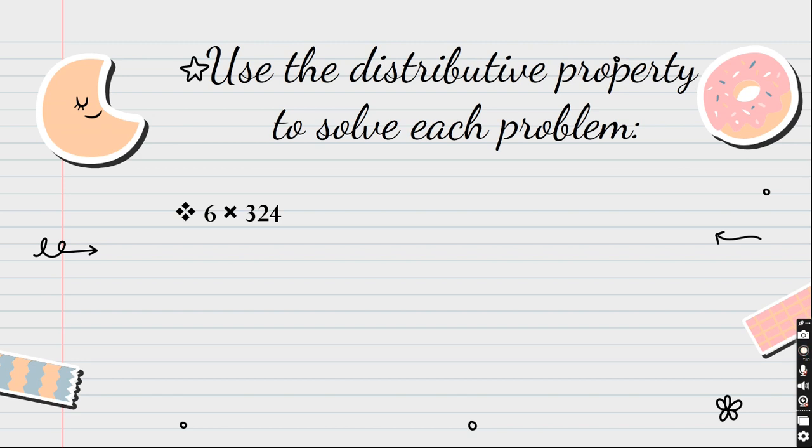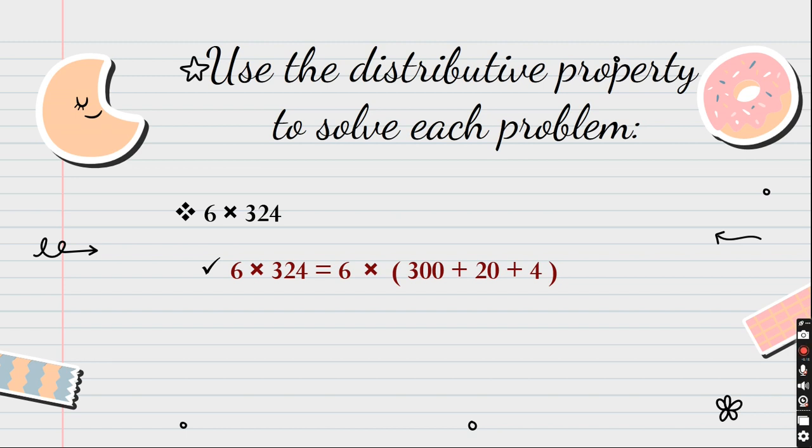When we multiply 6 times 324 by using the distributive property, we decompose the number 324, and I know that 324 equals 300 plus 20 plus 4.